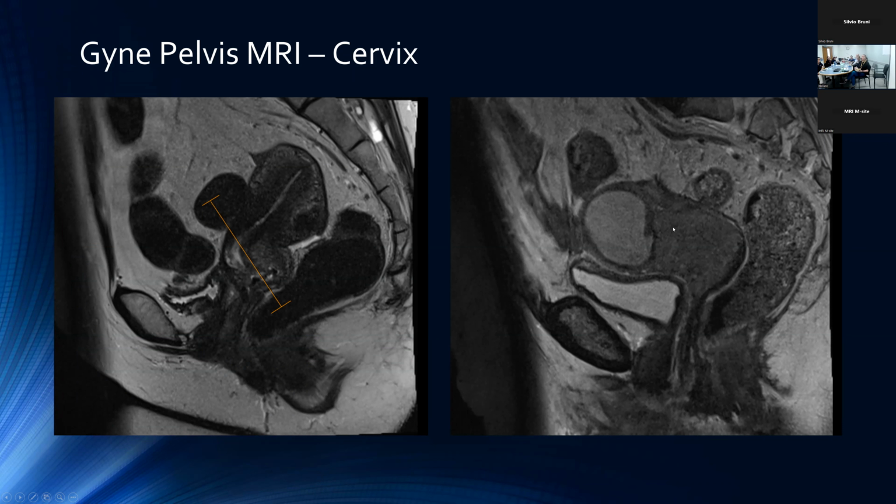On the right, again, a case where the cervical stroma is nearly entirely replaced by this T2 intermediate tumor, which extends into the lower uterine segment. The endometrial canal is filled with fluid above it. Inferiorly, it's bulging into the upper vagina as well.